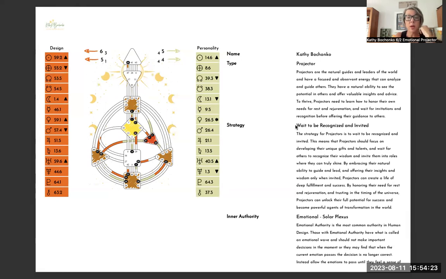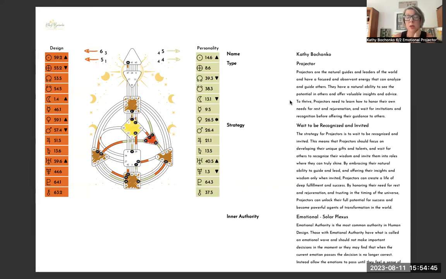But once you know your type, so there are several different types. The projector is about 20% of the population. The manifestor is about 9%. The reflector is about 1%. And there are two different generator types.